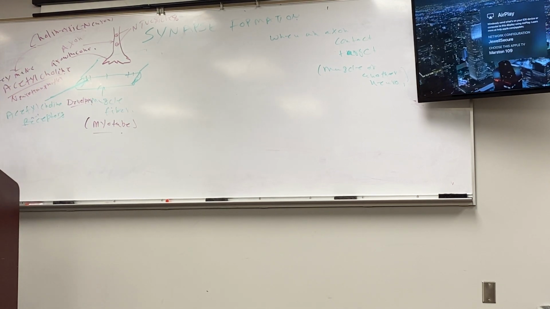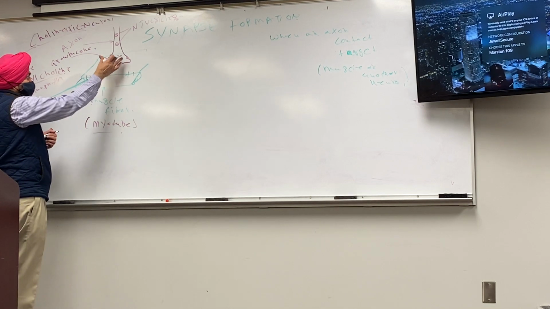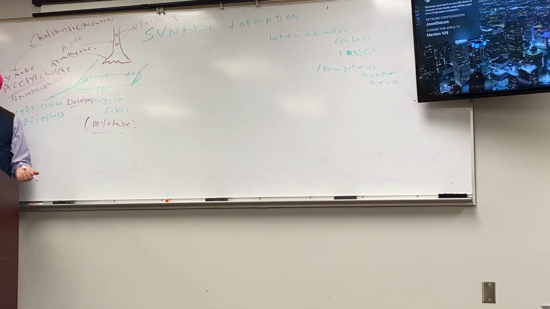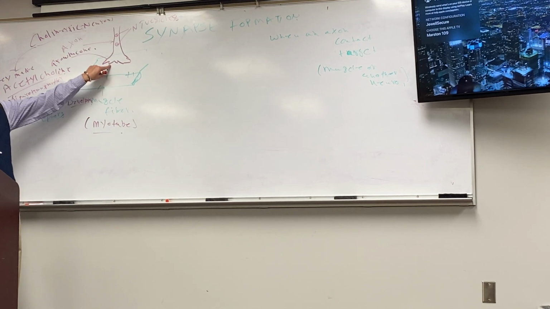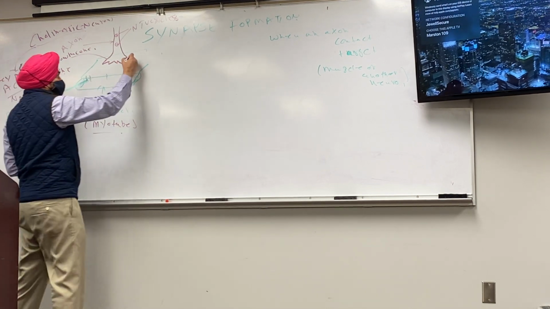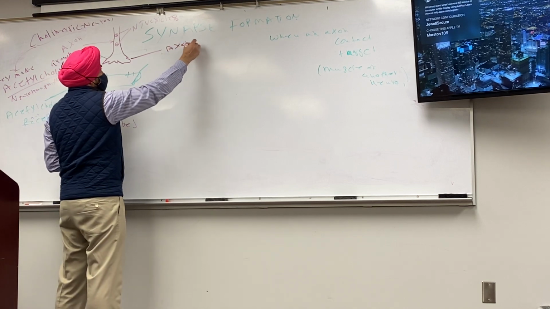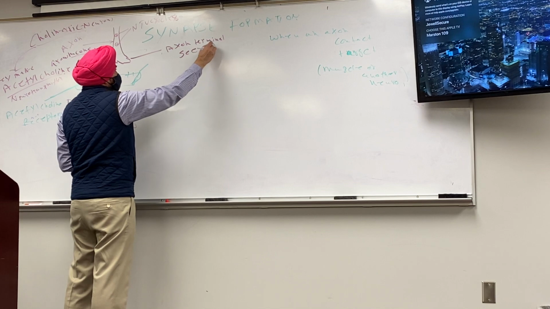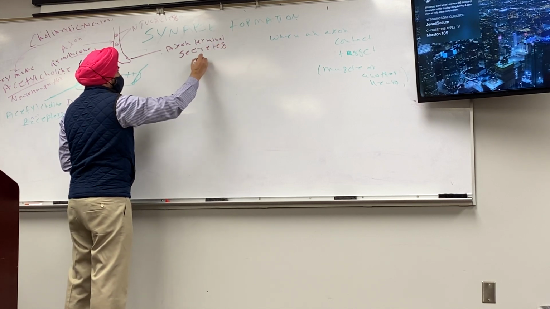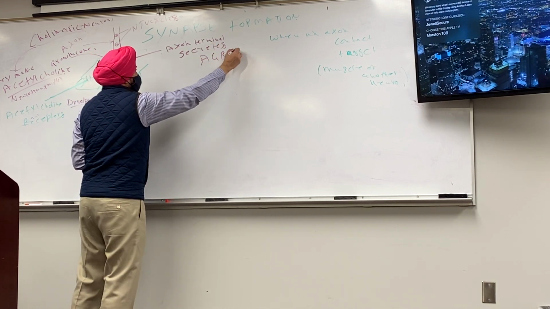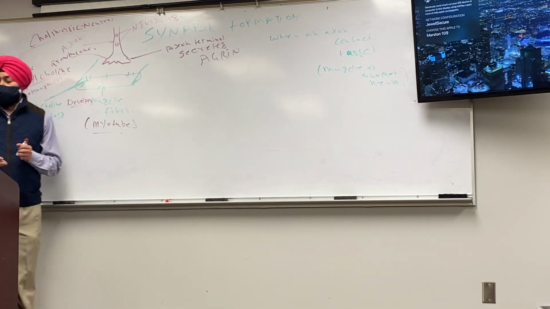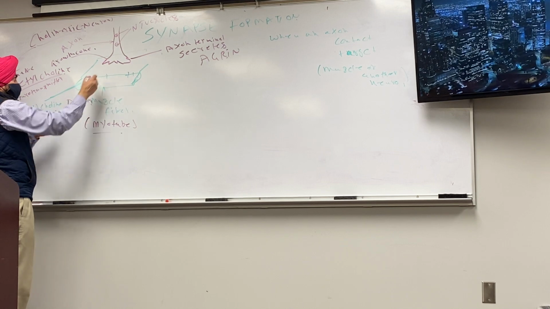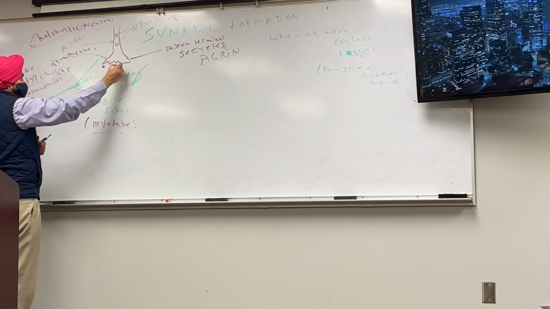Okay. So what happened is that the nerve terminal, the axon terminal, I will say, at that time, has reached here. So the axon terminal secretes a protein called agrin. Agrin is secreted here, so this is agrin.